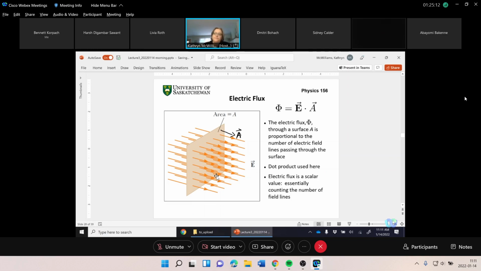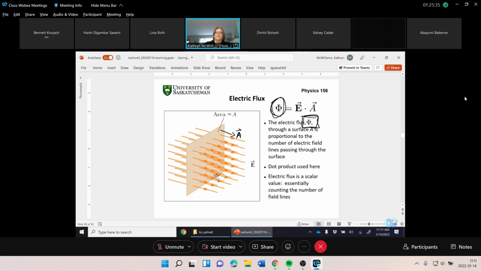Good. Okay. And we're using that dot product as a tool to count these electric field lines. The electric flux is given by this Greek letter here, which may or may not end up being a COVID variant name. I don't know, but it's called phi, or phi, depending on how you like to say it.